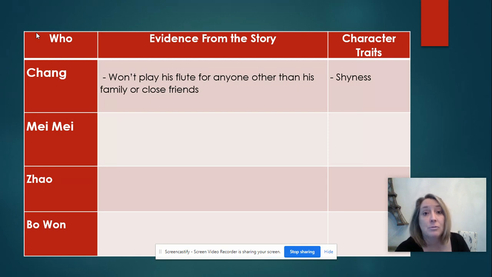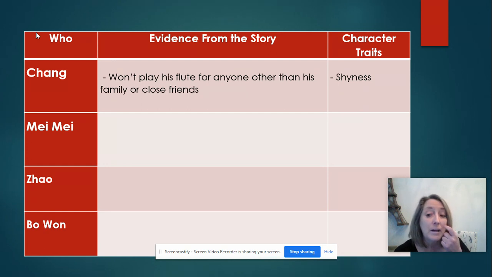If you want to choose the mother or the father or some of the other people, that's fine. But I do want you to pick four characters and tell me a little bit about their character traits. They might demonstrate more than one. And where's some evidence in the story that shows they have these kinds of character traits?